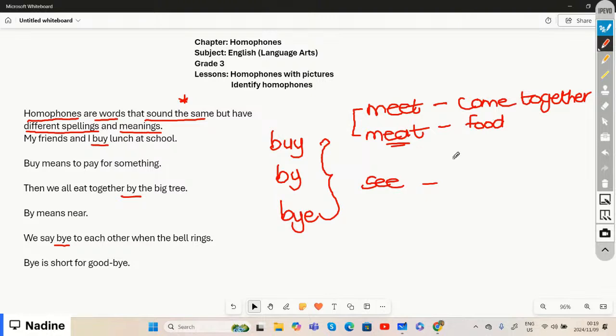If you look at this word see, right, then it is to either look at something or we can say it is to watch something.